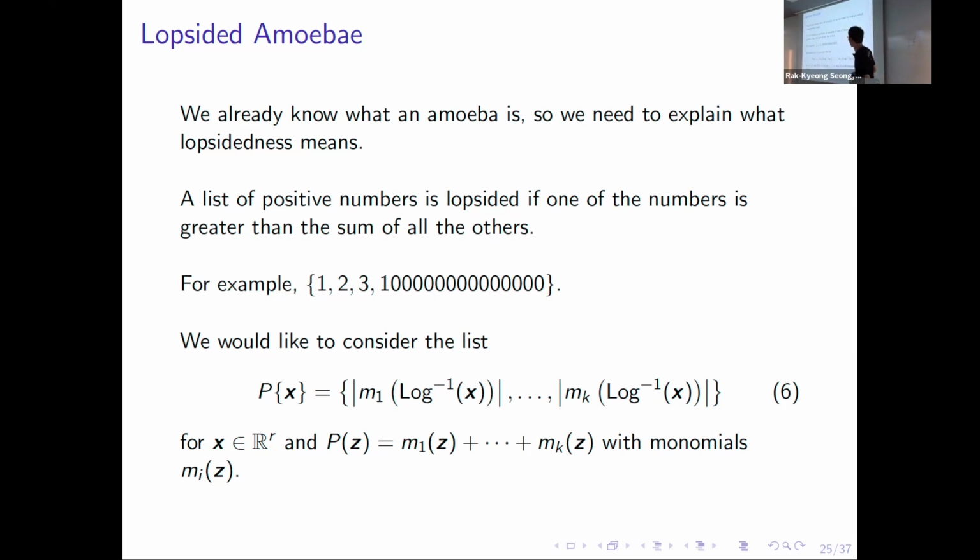So it's a list of K numbers. We say this one is lopsided because it's larger than the sum of the others. I'm just using the same letter, but this one's real. It's actually a list of positive numbers.